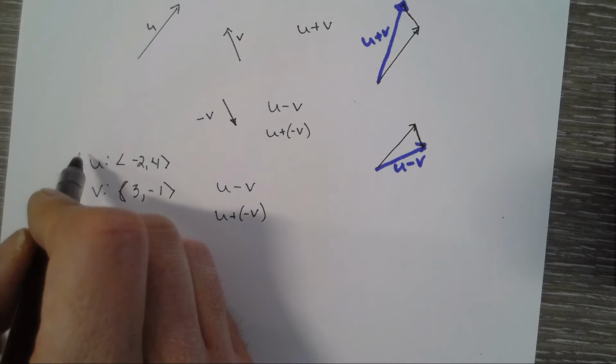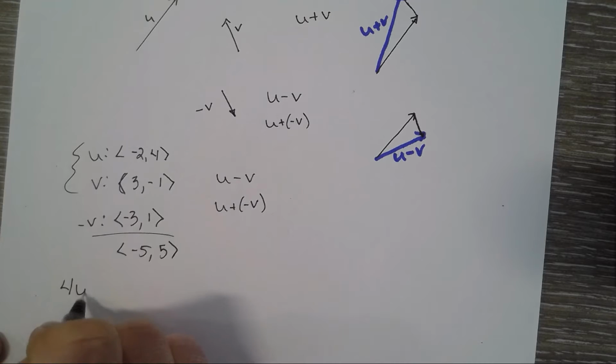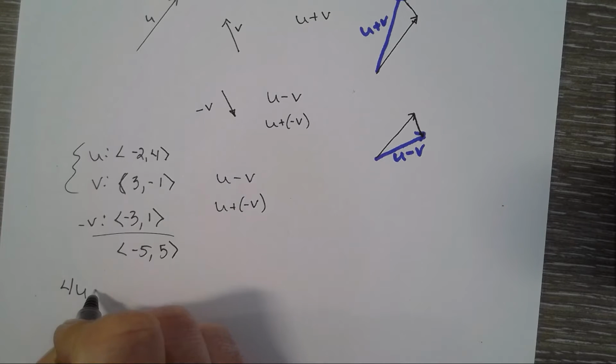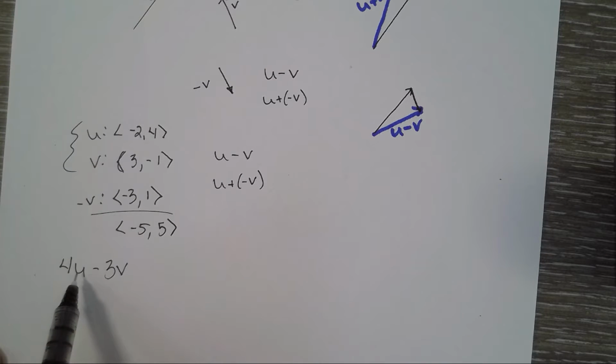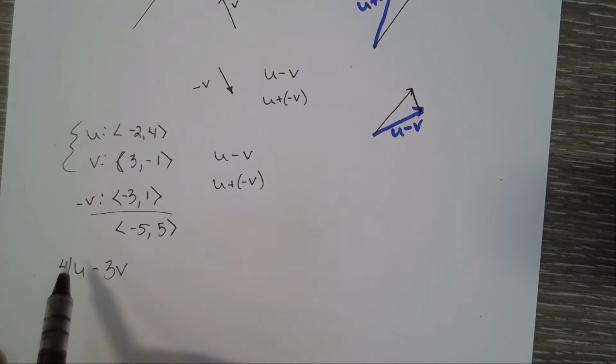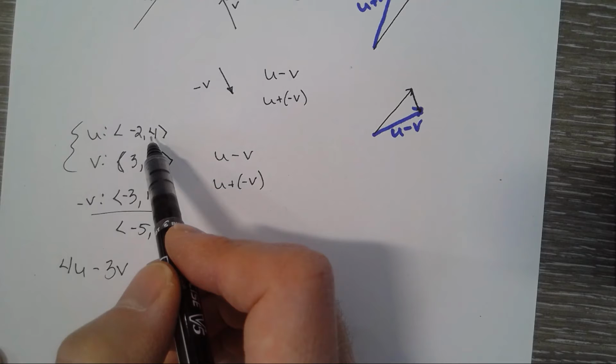Using these same u and v, what if I wanted to do 4u minus 3v? That would be a scalar vector multiplication. So you can just distribute the 4 to each component, the horizontal and vertical of u.